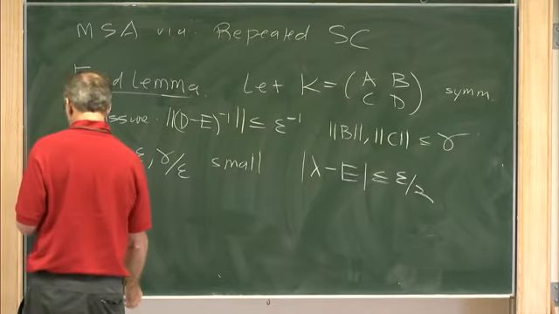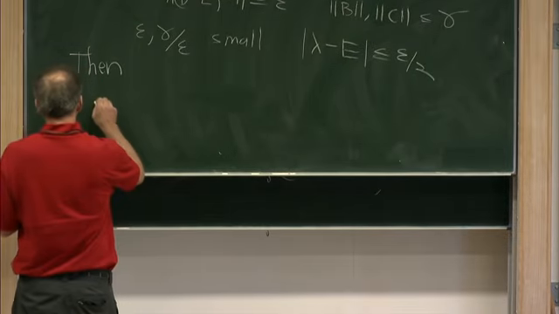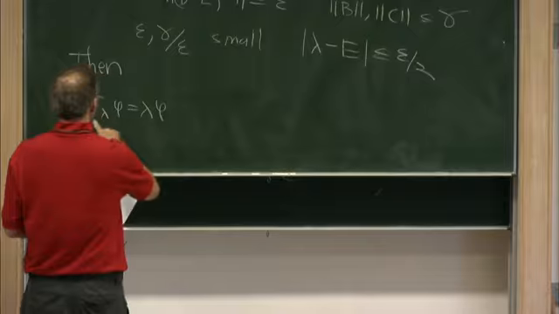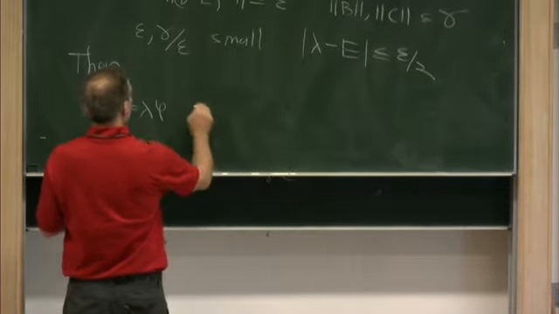Then, the basic fact about Schur complement is that if f lambda phi equals lambda phi, you have an eigenvalue of the Schur complement. Well, I guess I should have said what the Schur complement is.